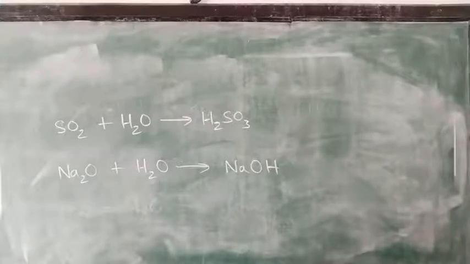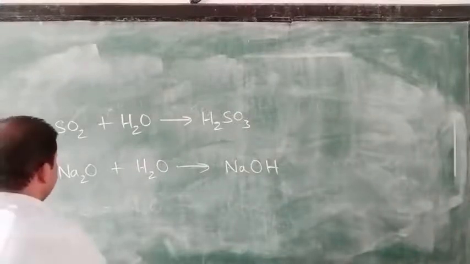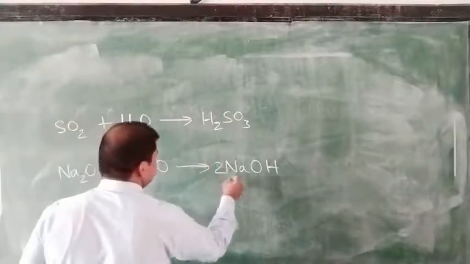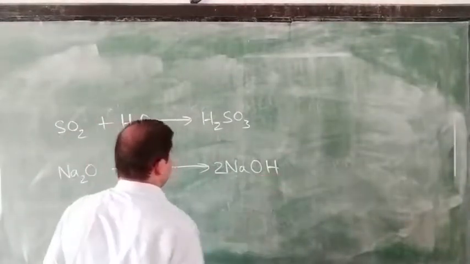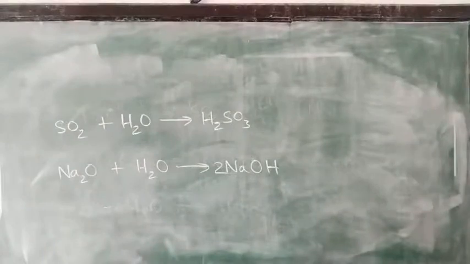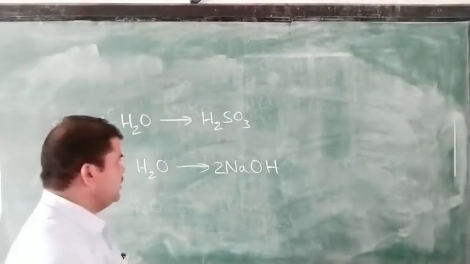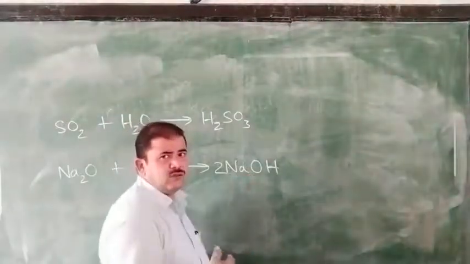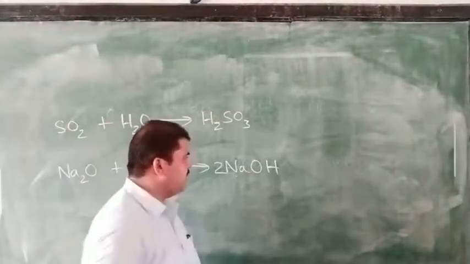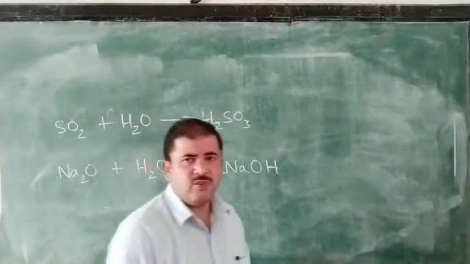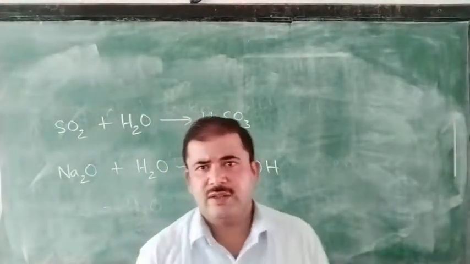And after this we can balance. So here sodium hydroxide is the alkali, and alkali means those bases soluble in water. Sodium hydroxide is a base, and this base is soluble in water, so we can say alkali.